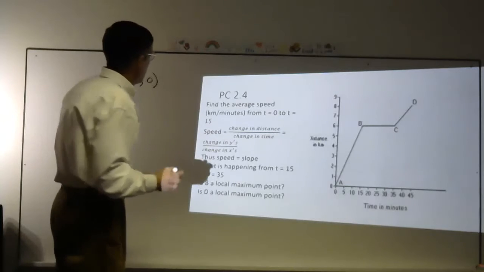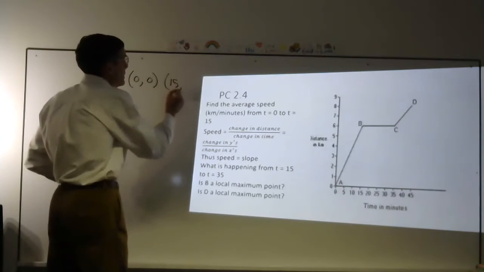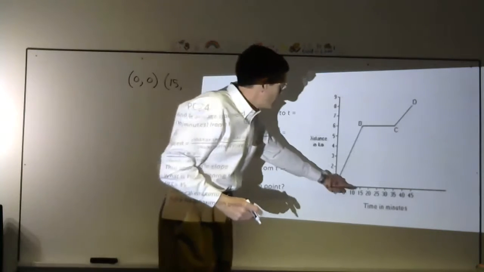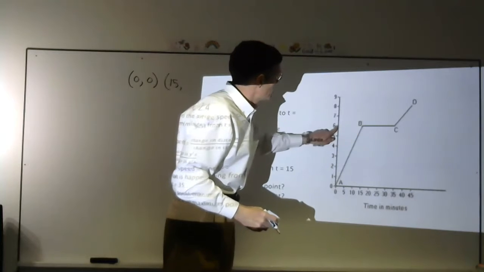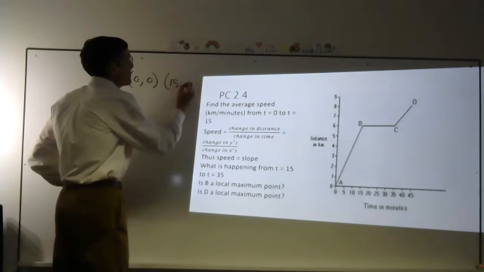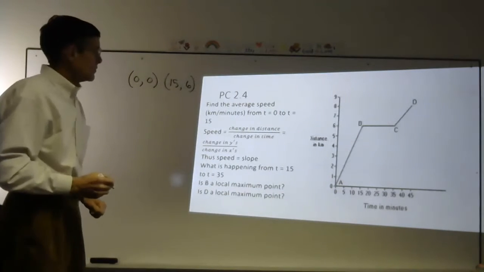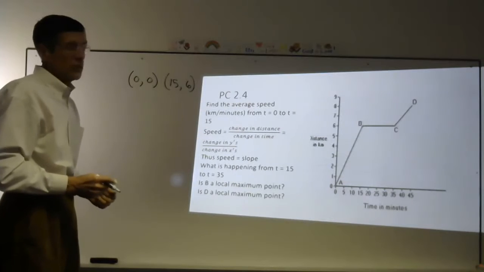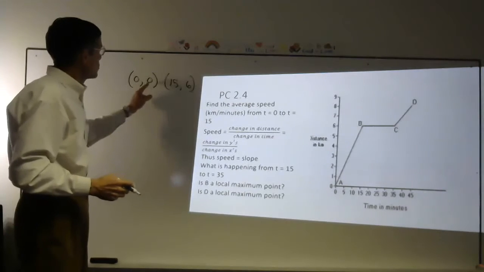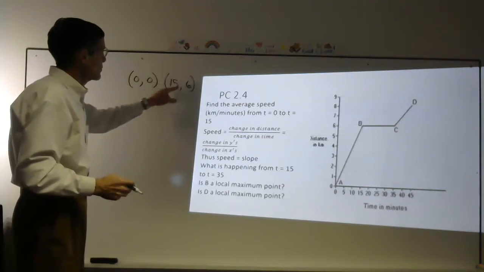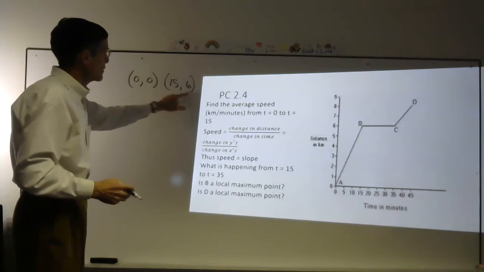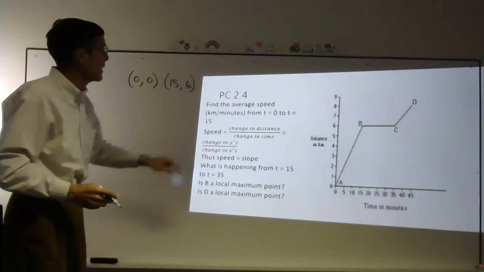At t equal to 15, we have traveled 6 kilometers. Okay? So if you're going to find the change in distance, you want to subtract the two distances, the 0 and the 6 kilometers, which is the change in y values.